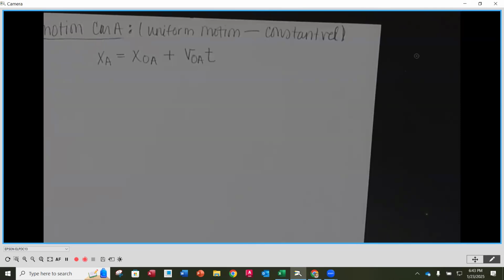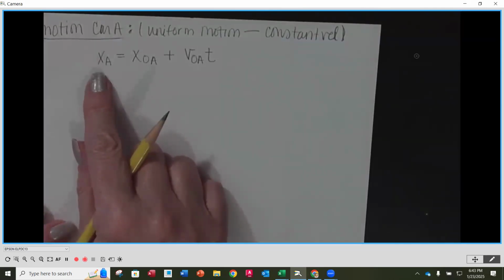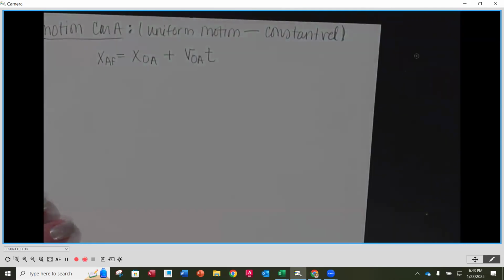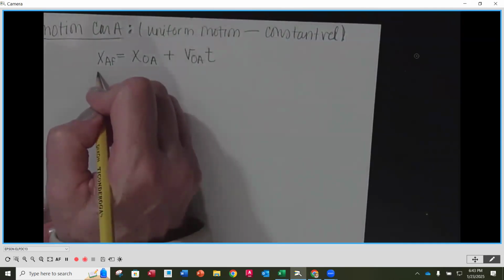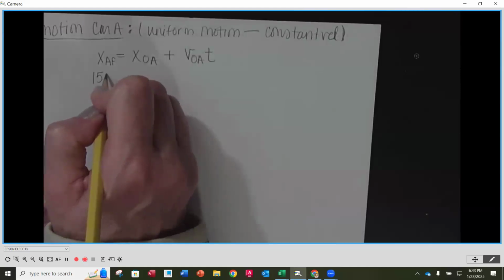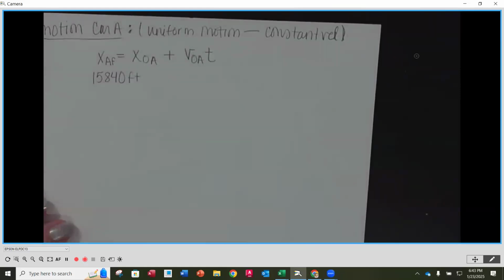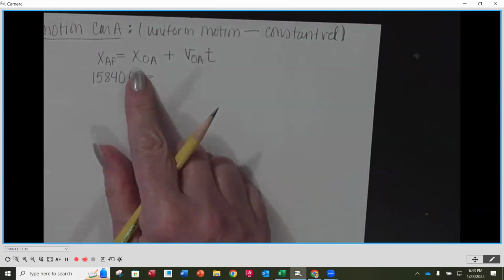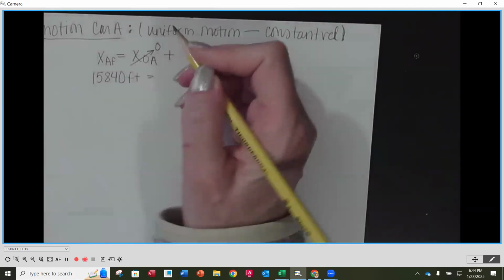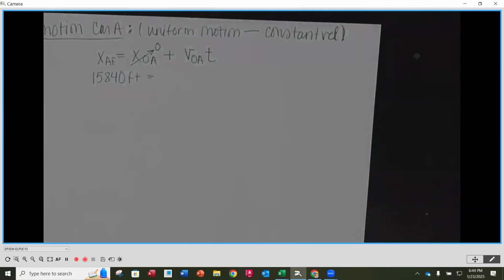So in this case, we know that where we're trying to go is 3 miles, right? So this is its final X distance. So this is going to be our 3 miles, or the value that we just calculated was 15,840 feet, right? Is going to be equal to, now this is going to be from our origin. Are we looking at this car at any offset distance? And we're not. It's starting at origin 0. So this is going to actually be 0 for us.